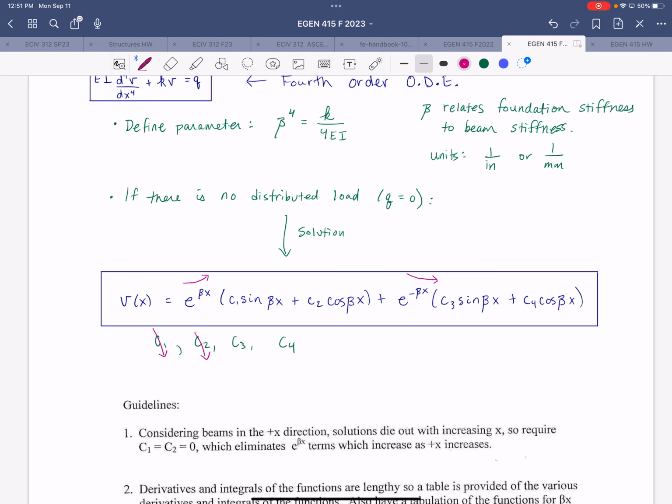Then we only need to evaluate C3 and C4. And we'll use boundary conditions to do that. So that's where we'll pick up next time.